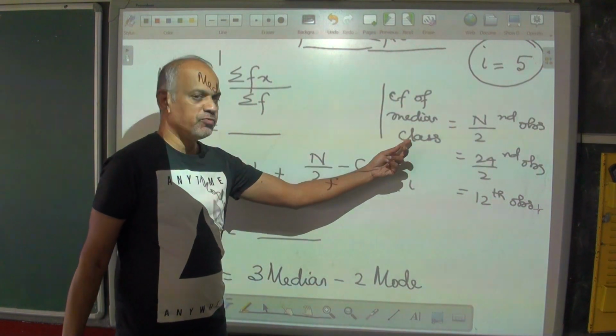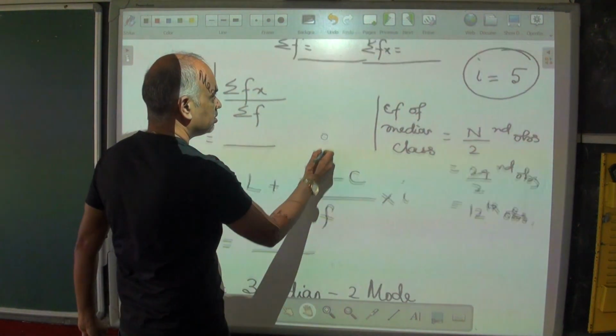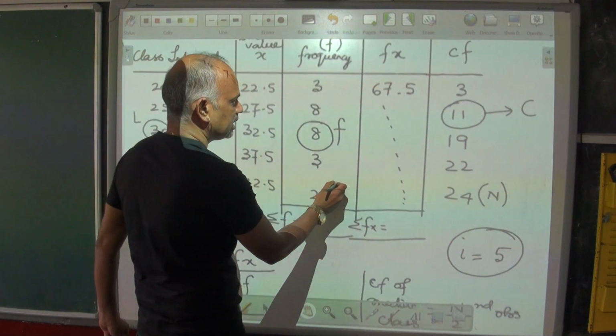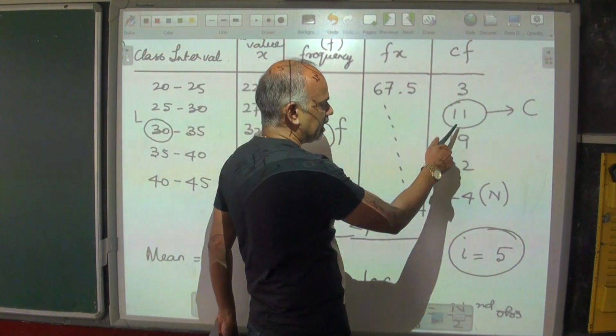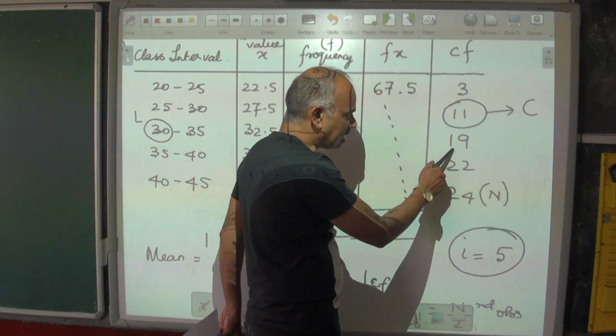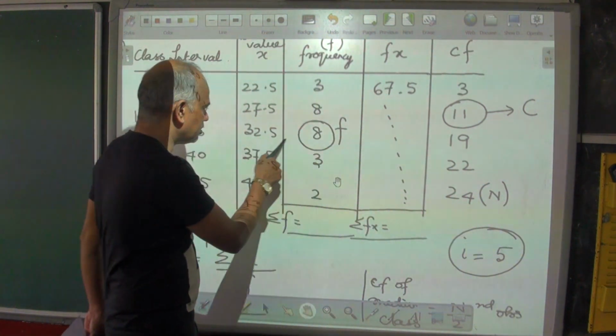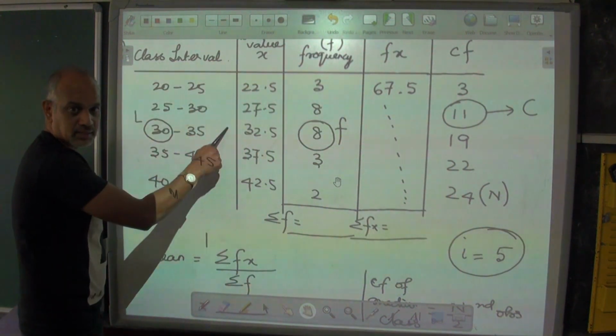So CF of median class is the 12th observation. If you go back to the table, you have to see where the 12th observation is. Third observation finishes here. 11th observation finishes here. After 11 till 19 is here, which means the 12th observation is here. So this is your actual median class.